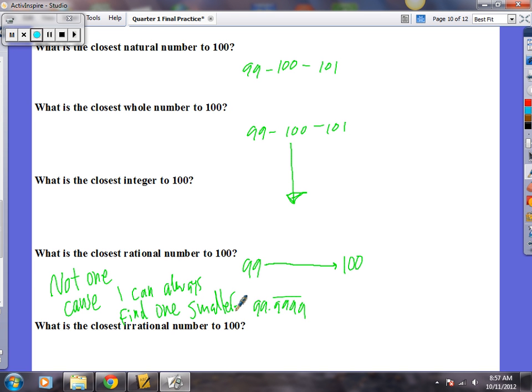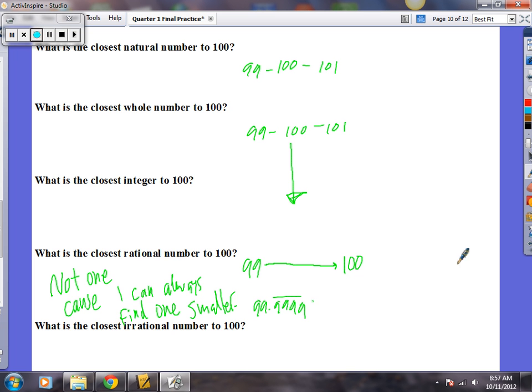So if you put 1,000,000,000 9s on here, I could put 1,000,000,001. I could always get a little bit closer, a little bit closer. And if I can keep going on forever for the rest of my life, I'll just get closer and closer to 100, but I'll never actually find the one unique number that is the closest to 100.